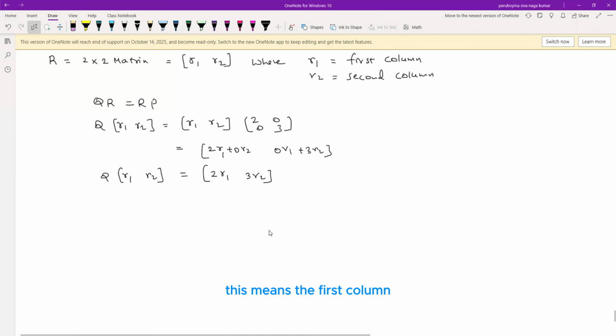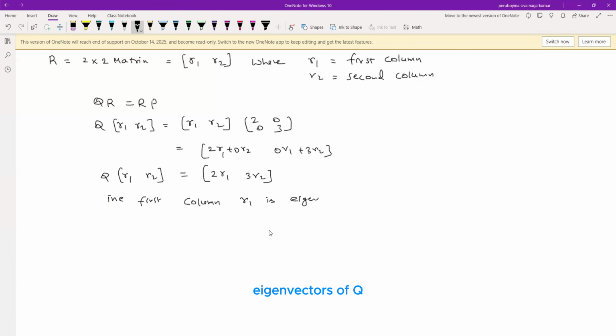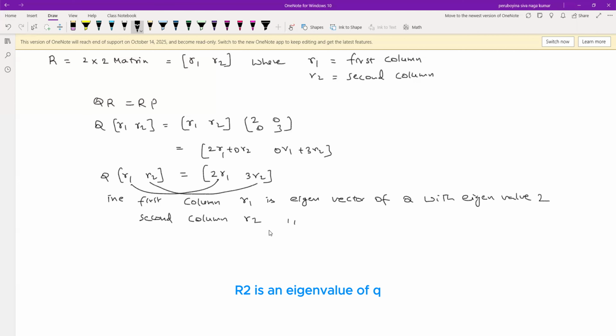This means the first column R1 is an eigenvector of Q with eigenvalue 2. Also, the second column R2 is an eigenvector of Q with eigenvalue 3.